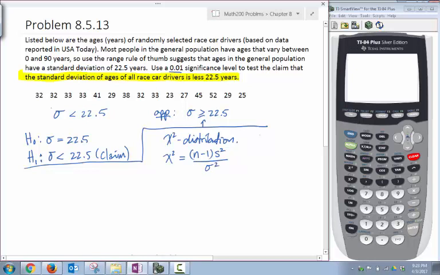So we want to find these values. We have sigma equal to 22.5. We already know that. And now we need to find the sample variance or sample standard deviation and get the variance from there.